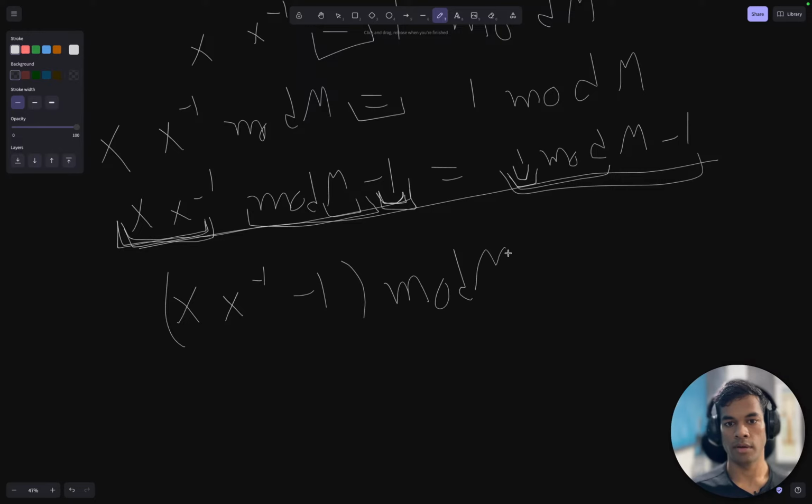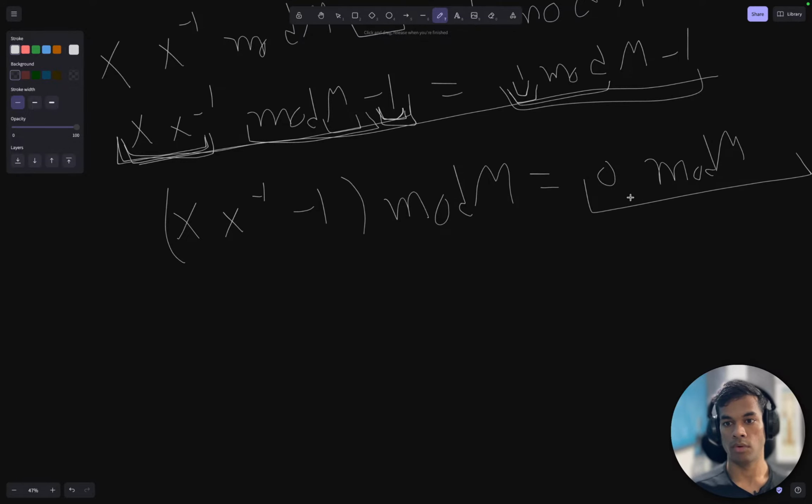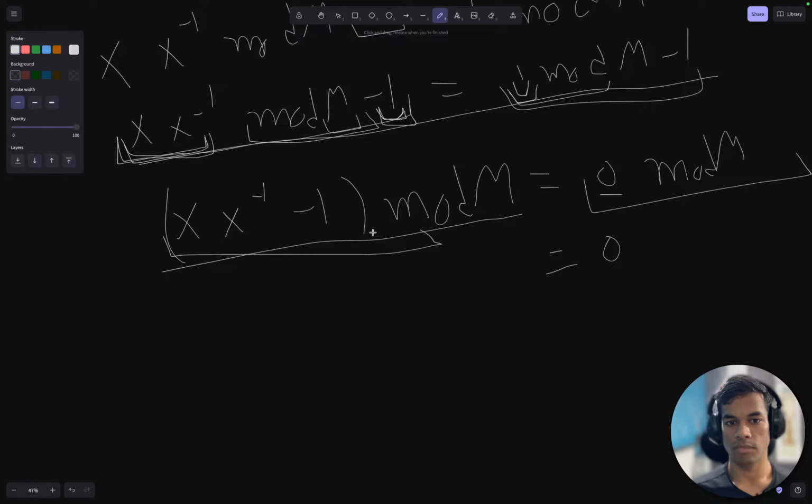mod m should be equal to 0 mod m now, and 0 mod m is just 0, yes, remainder is 0. So this thing leaves no remainder when we divide it by m.